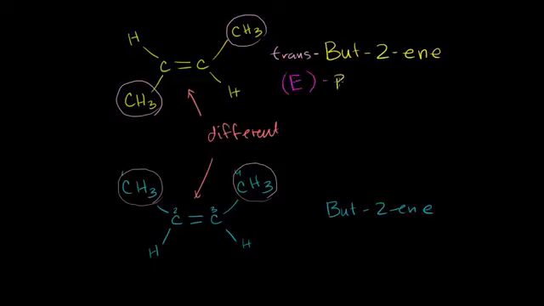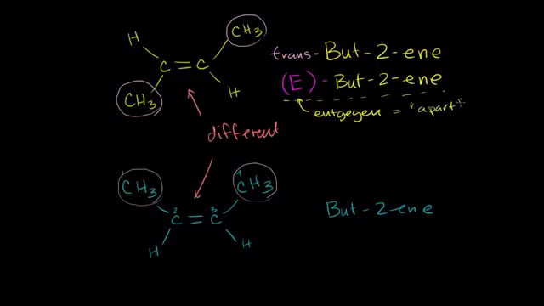But this is now kind of the standard convention. We'll see this notation where you use Entgegen, or E, is actually more powerful. It can extend to when we have more than one functional group on each carbon. So let me just make it clear that the E stands for Entgegen, which is German for apart. Or at least I believe it is. I can't speak German, so I'll just have to take people's words for it.